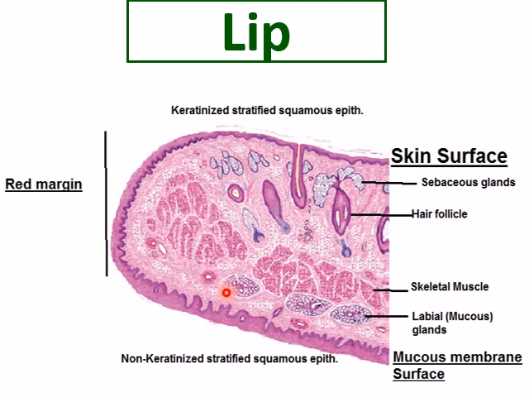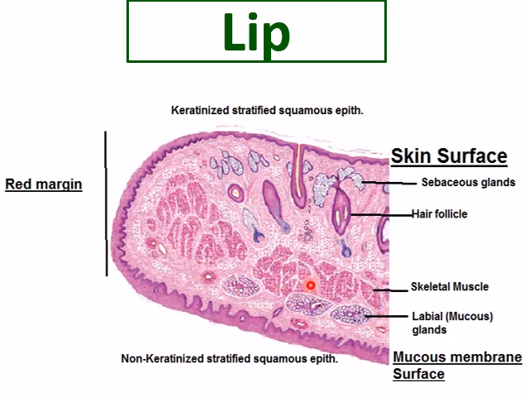At first look, you can misdiagnose this section as the eyelid, because in both, one side is skin, one side is mucous membrane, between them skeletal muscle, and near the mucous membrane there are glands.